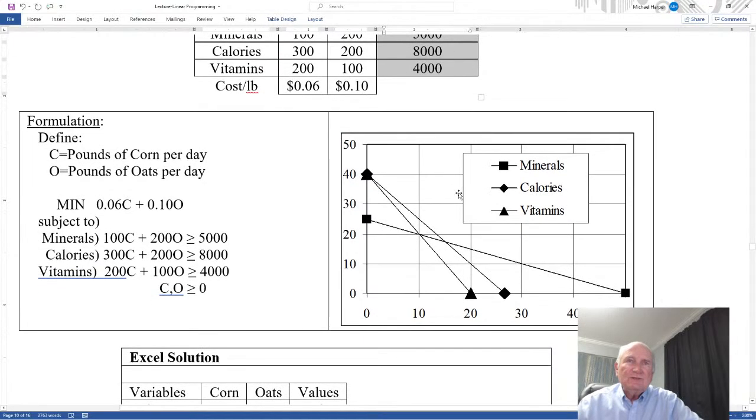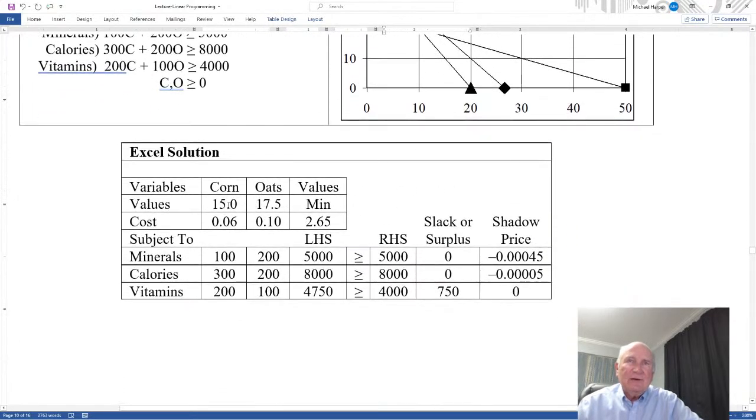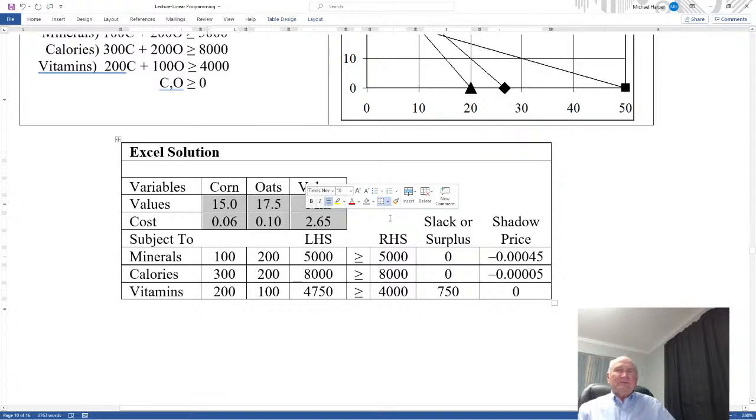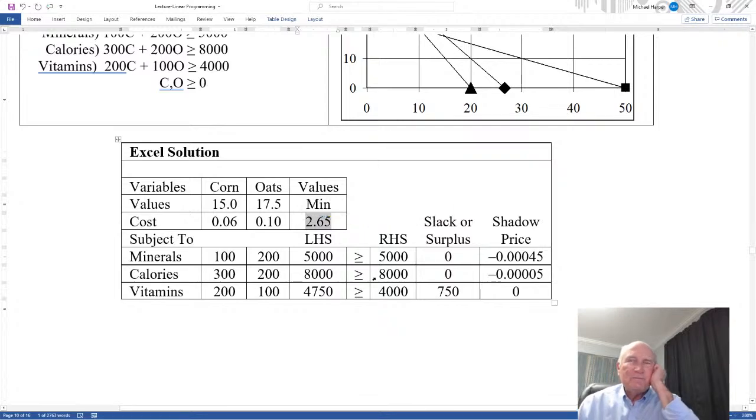Okay, so we solve this thing, and we have 15 pounds of corn, 17.5 pounds of oats, with a minimum of $2.65 per head, and that's as cheap as we can get. And given that you have this many head of cattle, $2.65 a head, there's your cost. That's the cheapest way you can get through it.